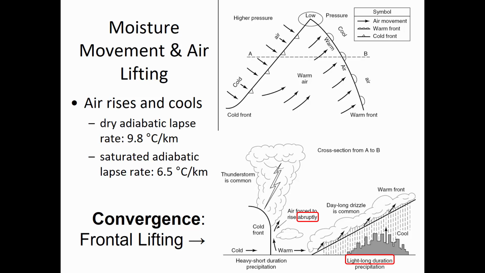So you have to look at which is approaching which. Is the warm air approaching the cool air, in which case it would be more gradual rainfall, or is the cool air approaching the warm air?